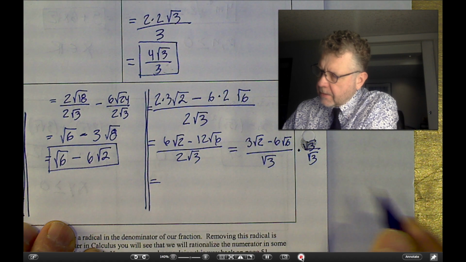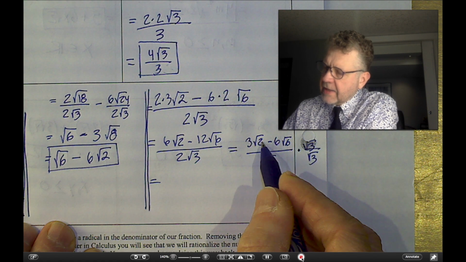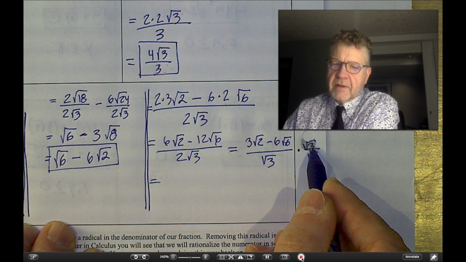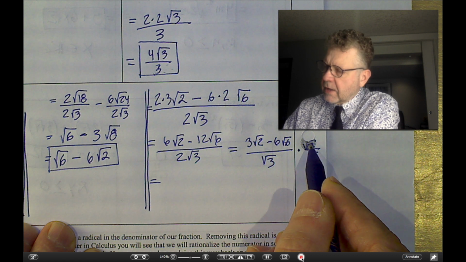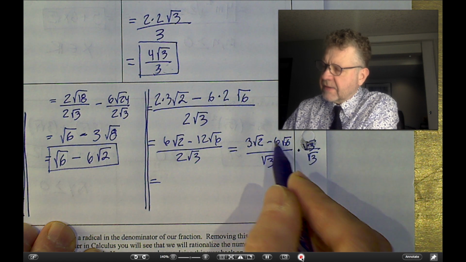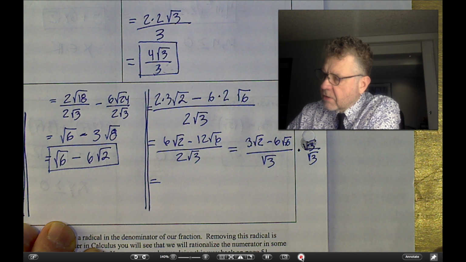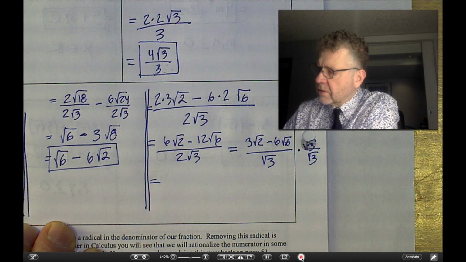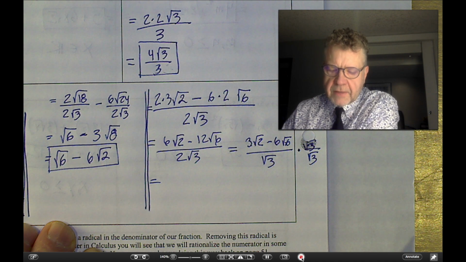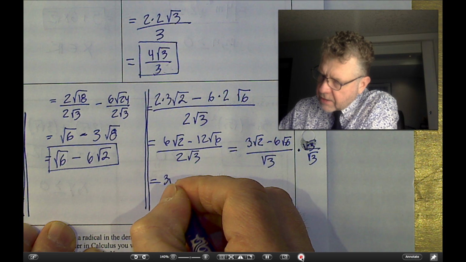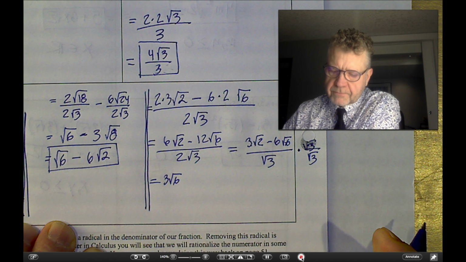Well, we're multiplying this minus this times that. So this has to go this times this minus this times this. So 3 root 2 times root 3 gives me 3 root 6. Cool.